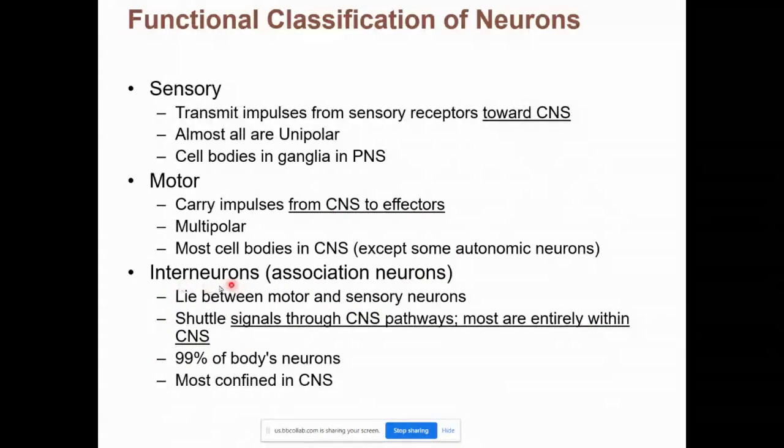These are the neurons that are deciding what to do. Should they decide to act? They get information from the sensory neurons, and if they decide to act on it, they will synapse with a motor neuron, which will influence an effector.